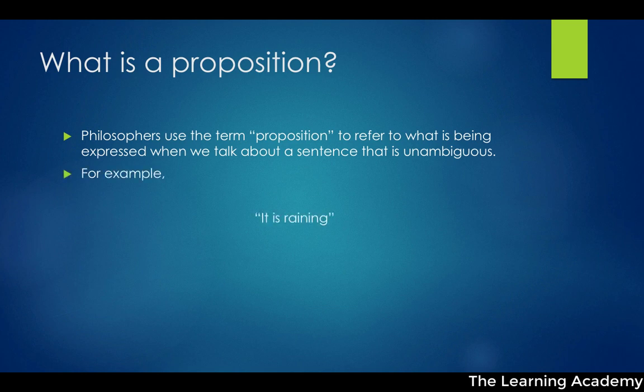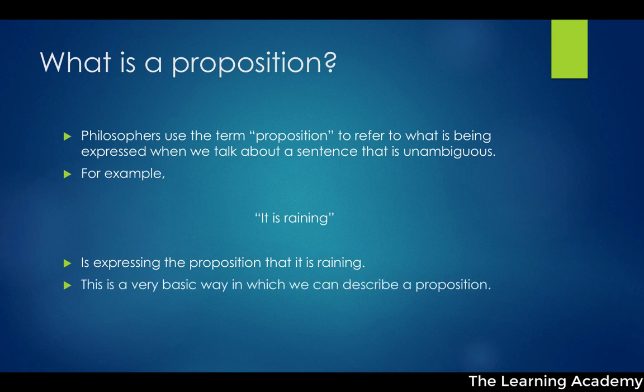So let's take an example. "It is raining" is expressing the proposition that it is raining. That is what this sentence is doing. It's a sentence and a proposition. This is a very basic way we can describe a proposition: by ascribing what it is explaining within the sentence.